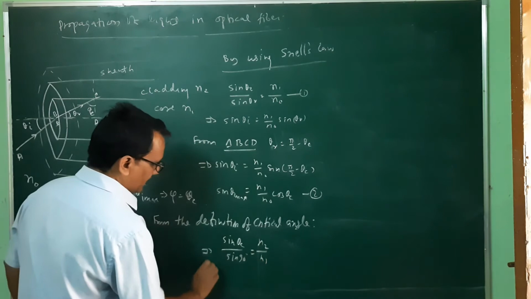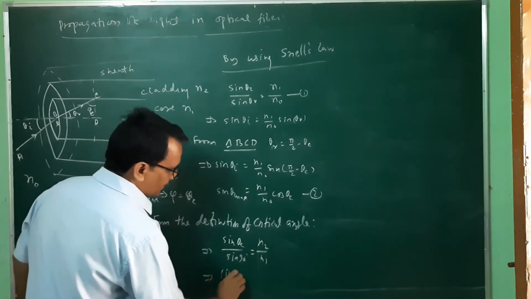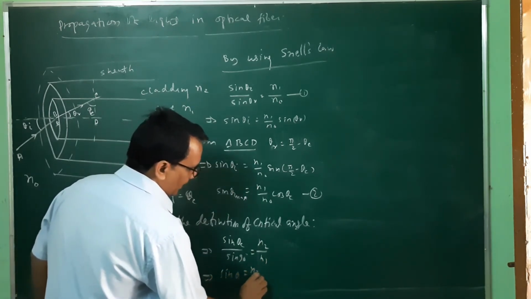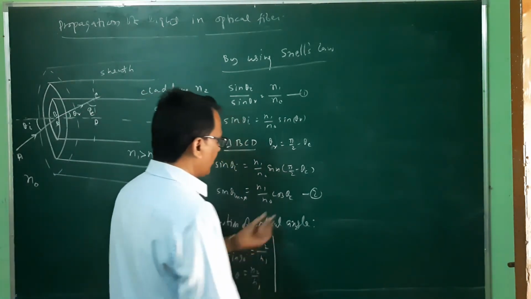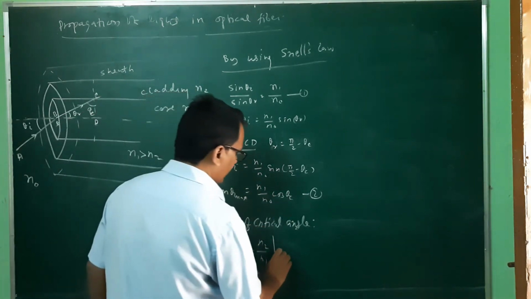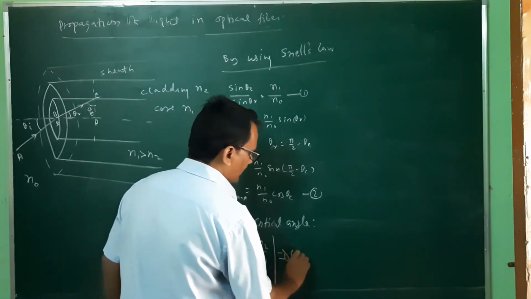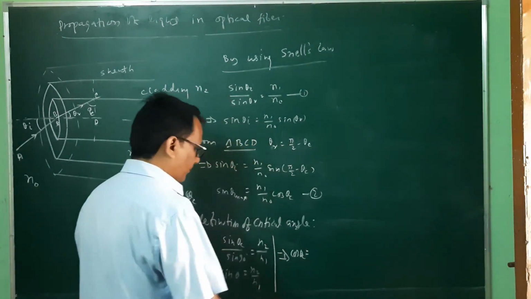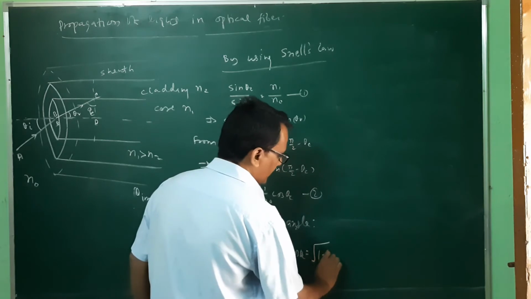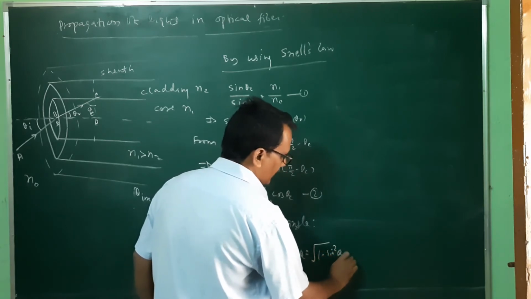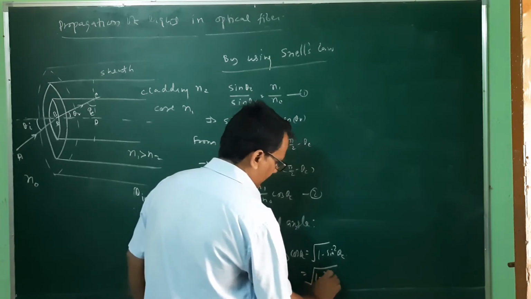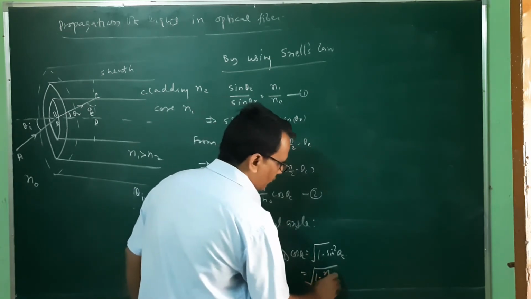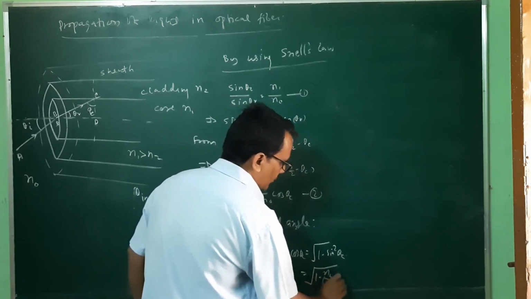This implies sin theta C is equivalent to N2 by N1, because sin 90 is 1. In equation number 2 we need cos theta C. This implies cos theta C is equal to root of 1 minus sin square theta C, which is equivalent to root of 1 minus N2 by N1 whole square.